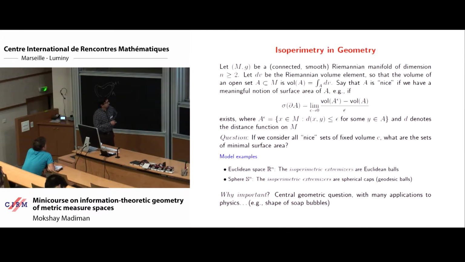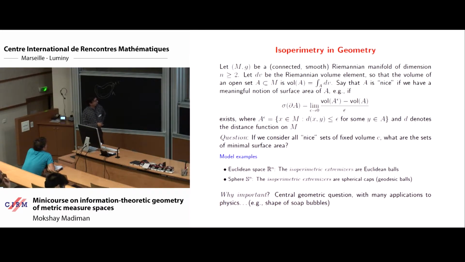So here are two model examples. You can look at Euclidean space Rn, for instance. In this case, this is the classical isoperimetric problem, and the isoperimetric extremizers are Euclidean balls. So in other words, if we look at all Borel sets in Rn which have fixed volume, then Euclidean balls of that volume have minimal surface area.